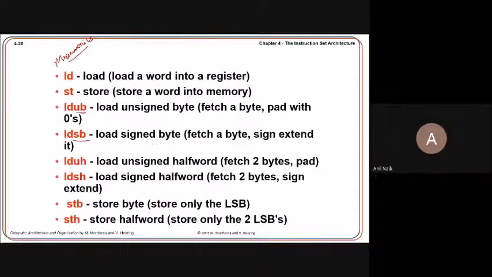Load unsigned half word, LDUH. Load signed half word, LDSH. UH means unsigned half word. Half word means 16 bits, or 2 bytes.